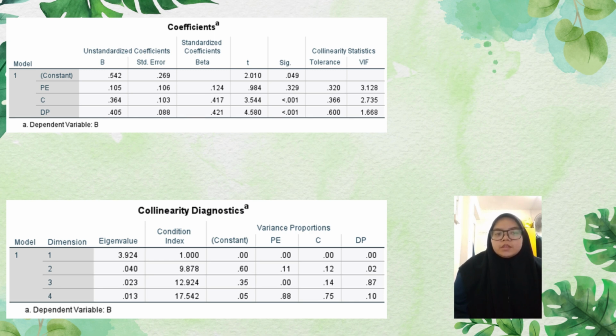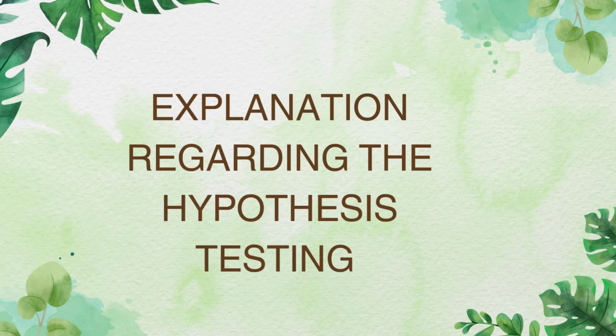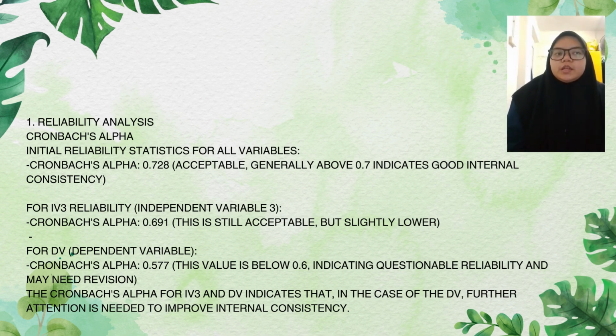Dimension 3 reveals significant collinearity with an eigenvalue of 0.023 and a condition index of 12.924, particularly for IV2. And the last, dimension 4, highlights severe collinearity with an eigenvalue of 0.013 and a condition index of 17.542, especially for PE, which is IV1.